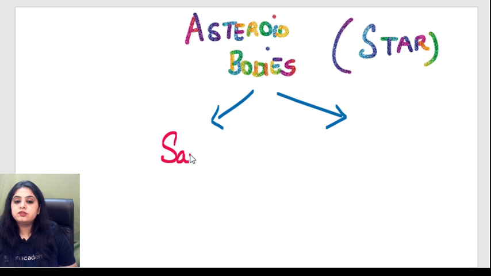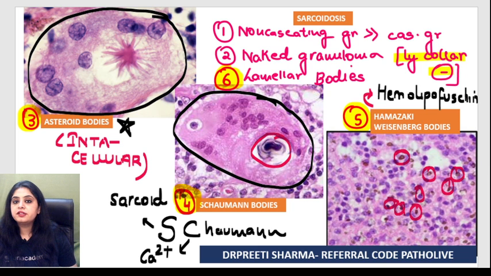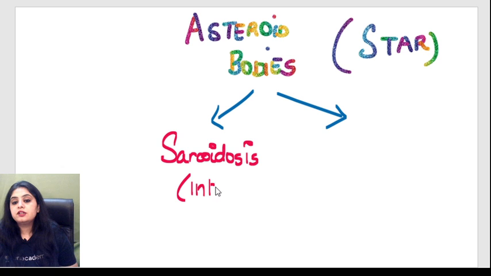So first thing that you're going to say is that it is seen in sarcoidosis. Agreed. In sarcoidosis, was it seen inside the cell or outside the cell? It's seen intracellularly. It's seen inside the cell. Otherwise, in case of microbiology, there is something known as Sporothrix schenckii.